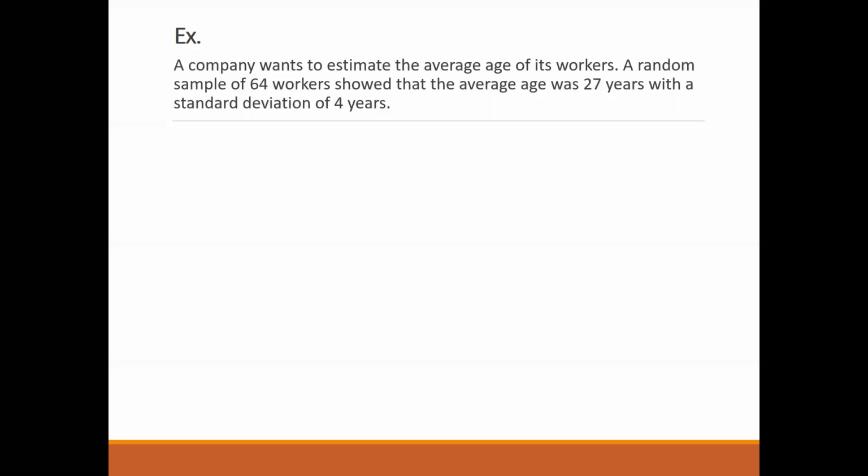Okay, and a random sample of 64 workers showed that the average age was 27 years with a standard deviation of 4 years. Okay, so your x bar is given as 27 and the standard deviation for the sample, that is your s, is given as 4. Okay, your sample size n, small n, is 64.